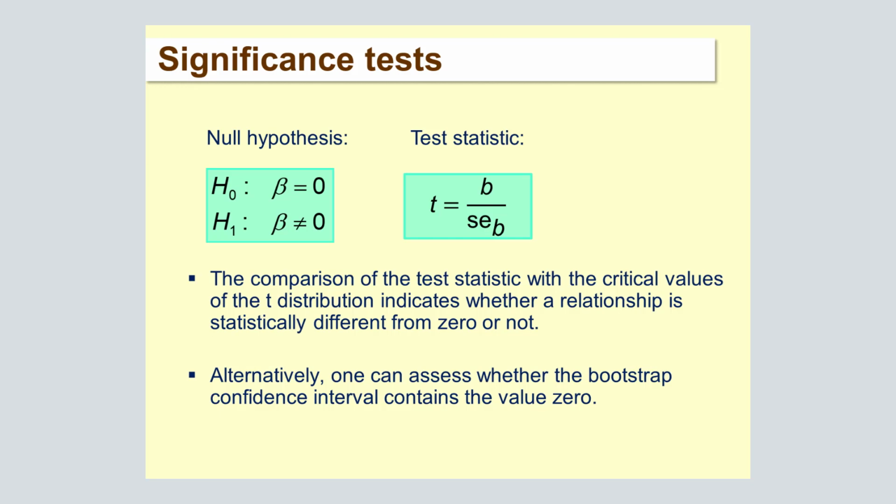This test statistic can then be compared with the critical values of the t-distribution, and then we can see whether the coefficient is statistically different from 0 or not. Alternatively, one can assess whether the bootstrap confidence interval contains the value 0.